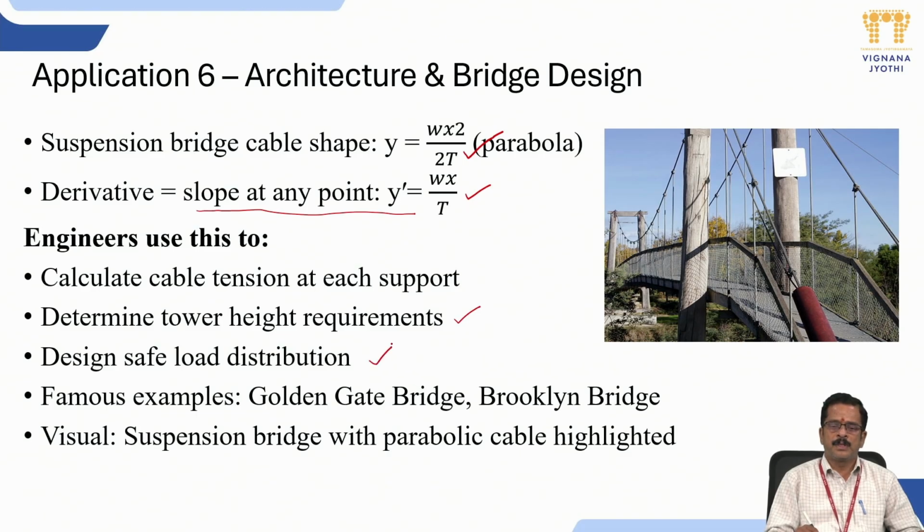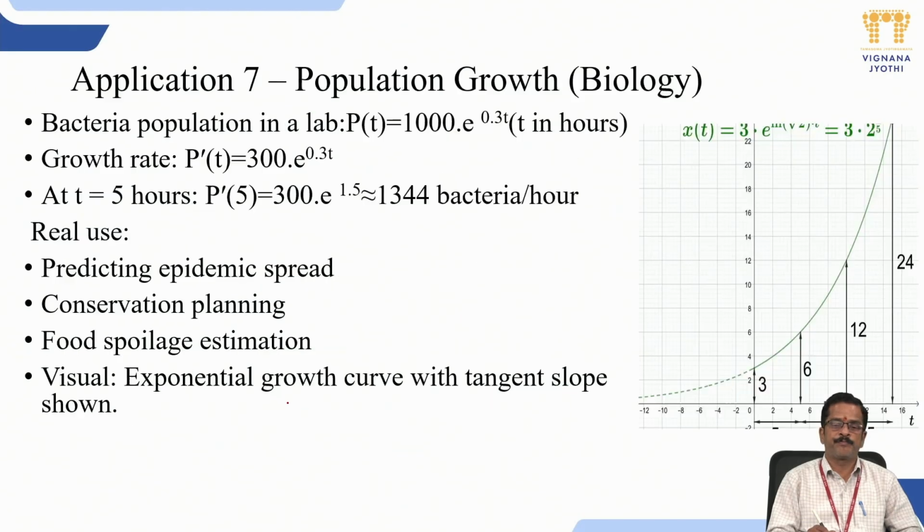These are the things taken into consideration for constructing cable or suspension bridges, and these factors are evaluated by the derivative tools. Suspension bridges like the Golden Gate Bridge and Brooklyn Bridge are examples, built using the concept of derivatives. So, population growth.